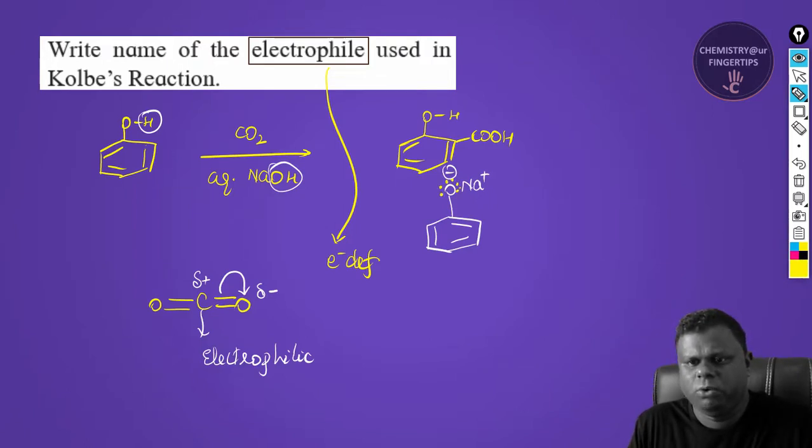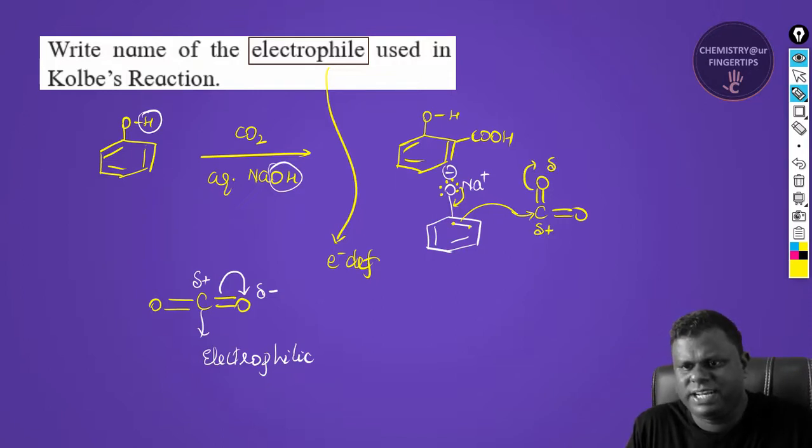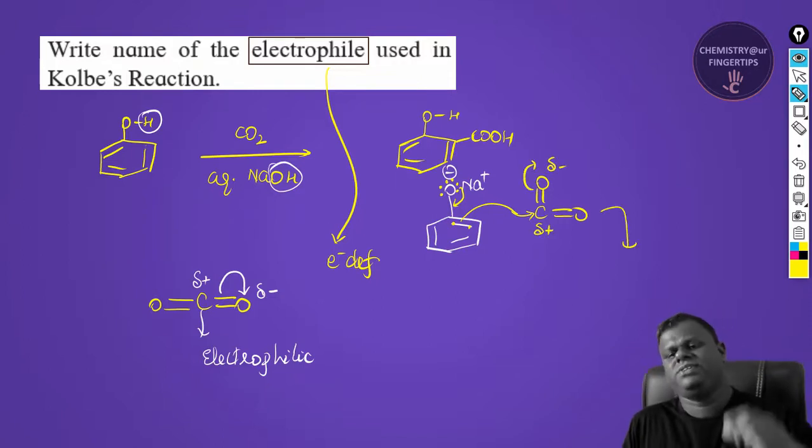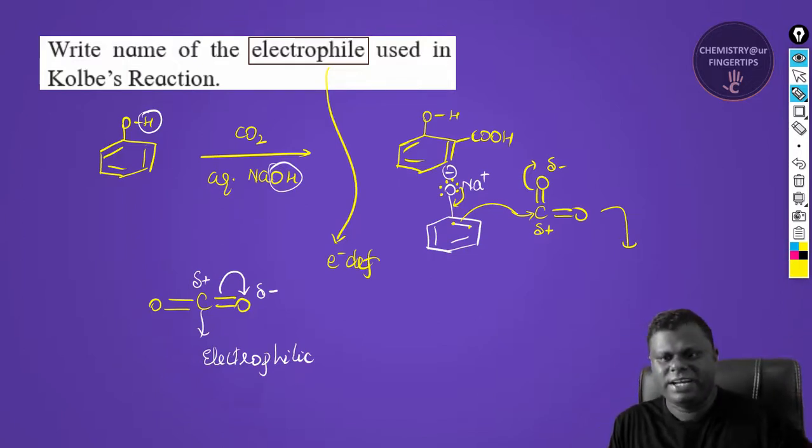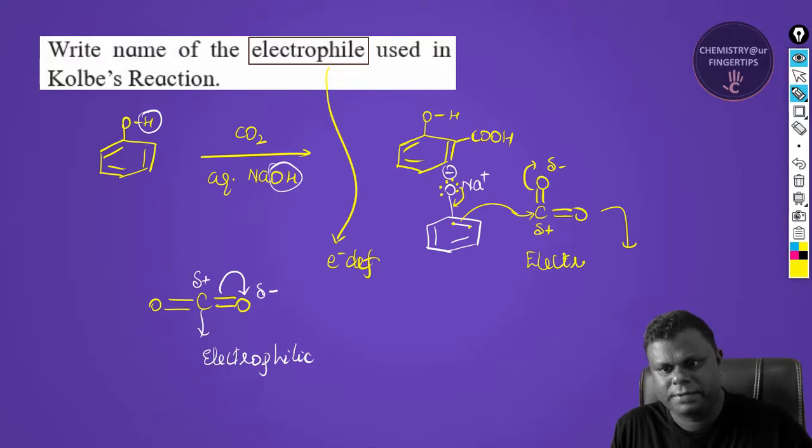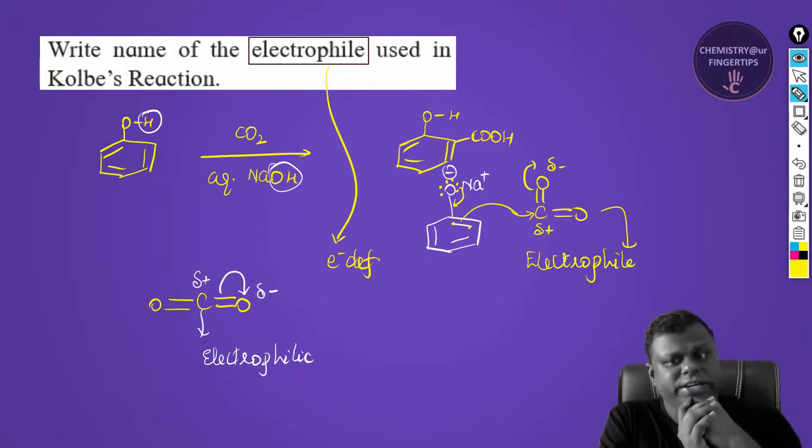The lone pair is going to shift here, and the pi electrons are going to come out and attack the carbon dioxide molecule. This carbon is delta positive and this oxygen is delta negative, as a result of which the product is formed. So this is the electrophile that we are actually talking about.